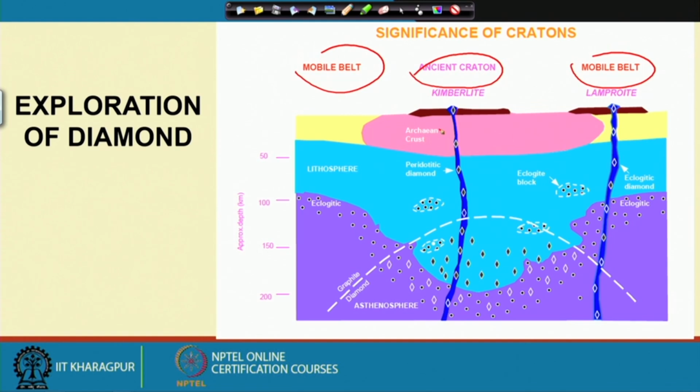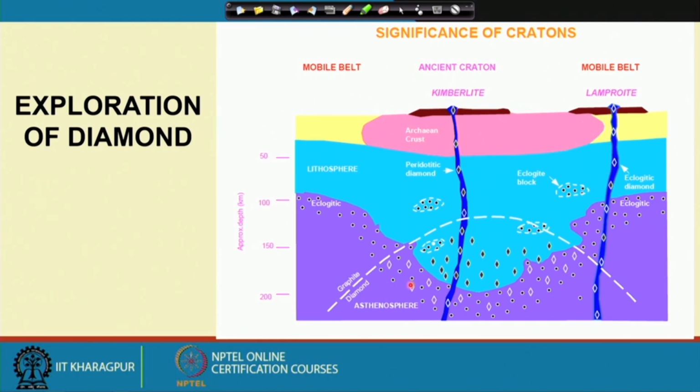Now, as far as diamond exploration is concerned, it is also important to remember that if we go by the abundance or the concentration, even if we say that a kimberlite is diamond bearing, the diamond is present in very small quantity, of the order of about 5 or 10 carats per ton, that is per 1000 kg of the rock, where a carat is about 200 milligram.